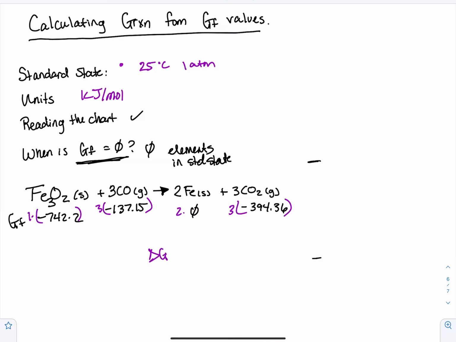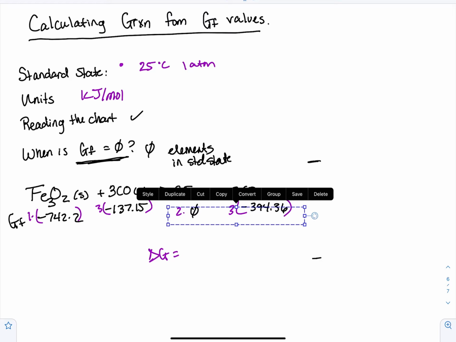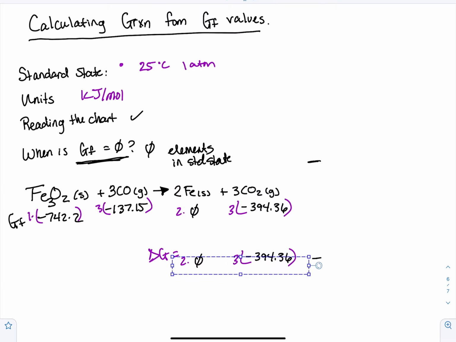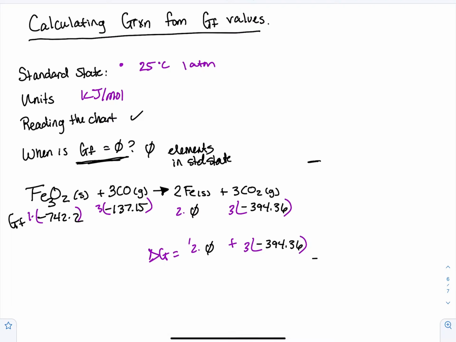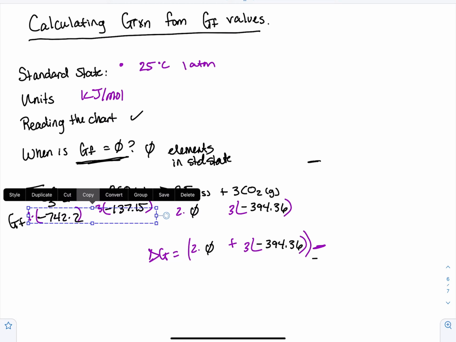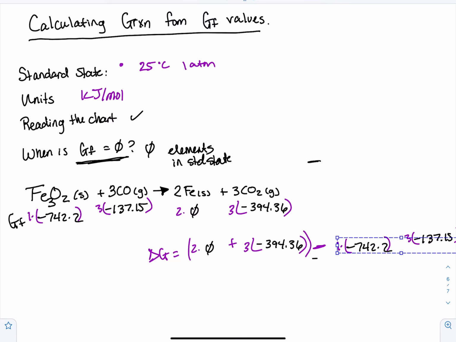So delta G is equal to, so I got these guys, copy, paste. Remember that it's them added, minus these guys on the right, or the left, I'm sorry. They're going to be on the right. Paste. And I'm going to take out my little one here. Notice that that 0, we're going to add these terms together.